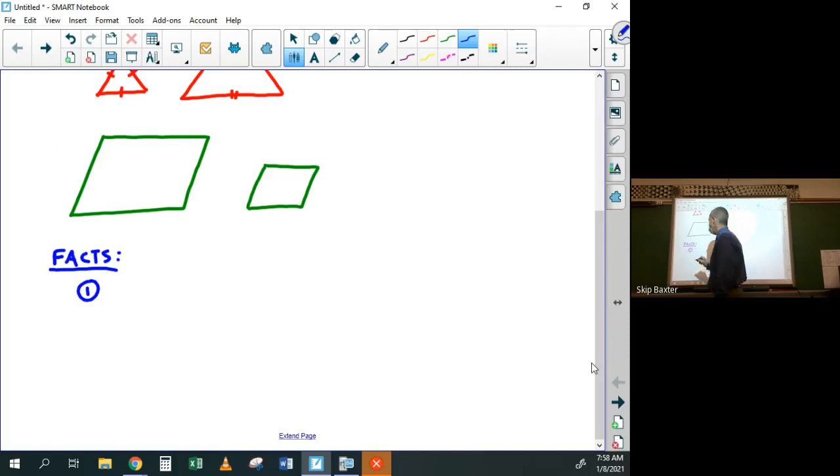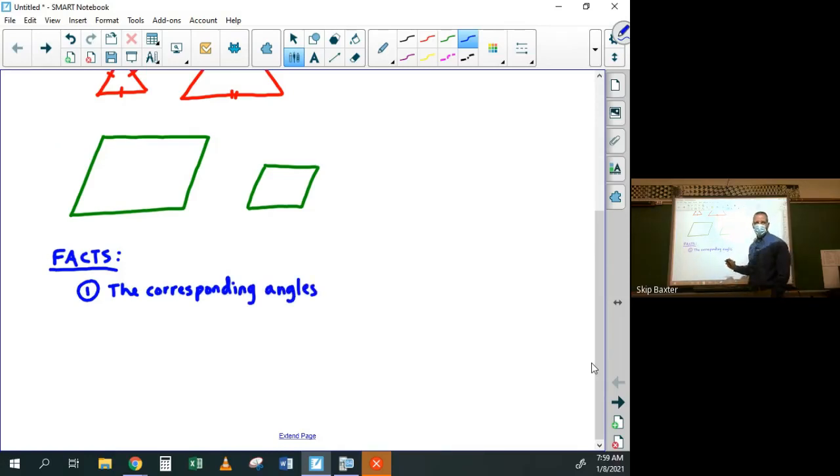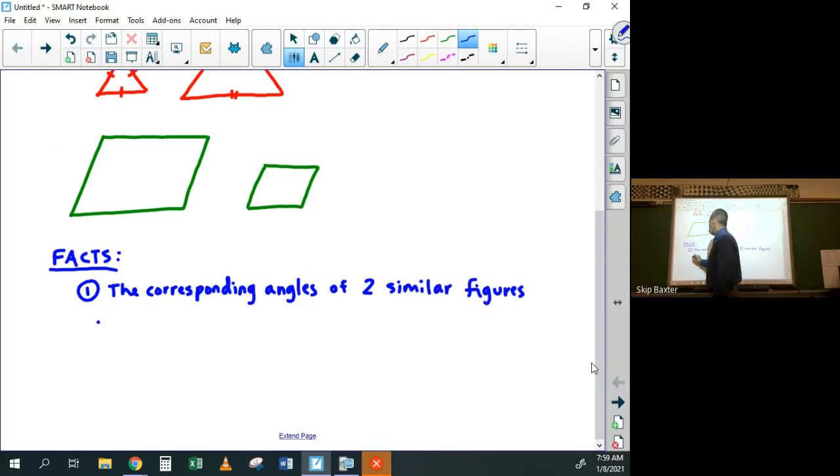The first thing is that the angles all have to be congruent, the corresponding angles, okay? So corresponding angles of two similar figures must be congruent.